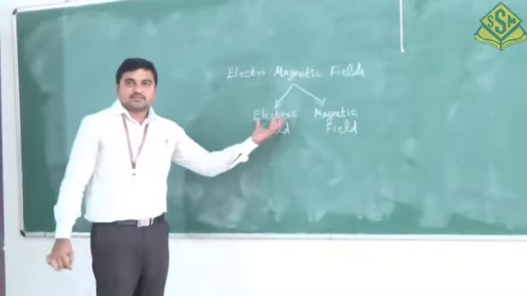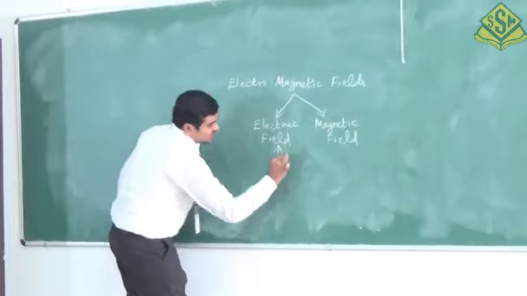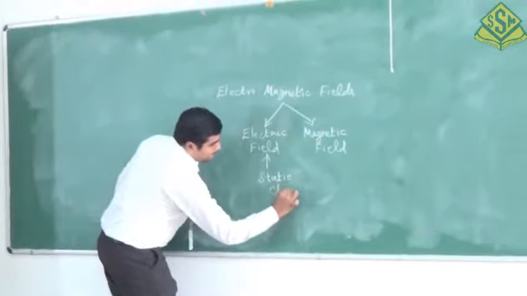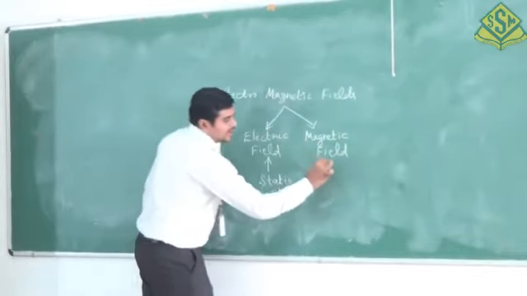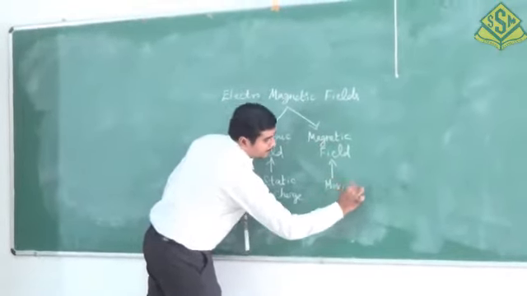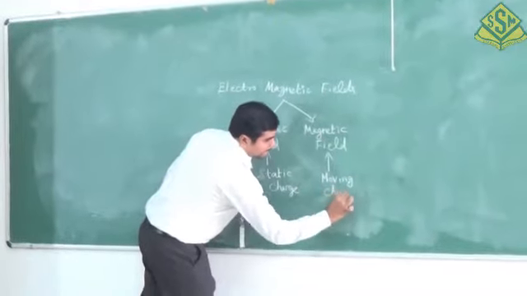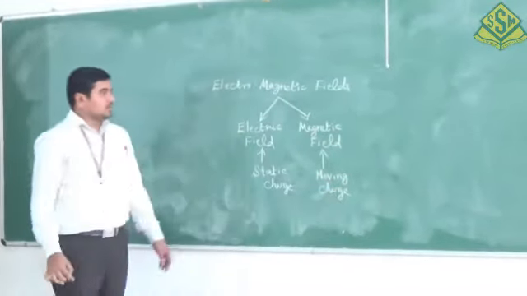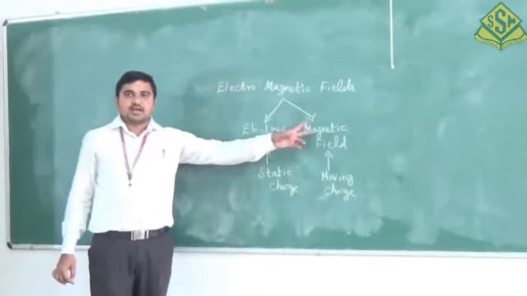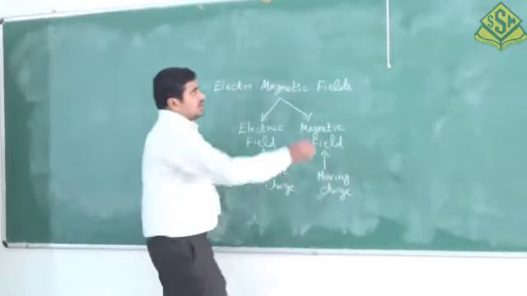So this electric field is due to static charge, and this magnetic field is due to moving charge. Okay. Now we are going to define this electric field and magnetic field.